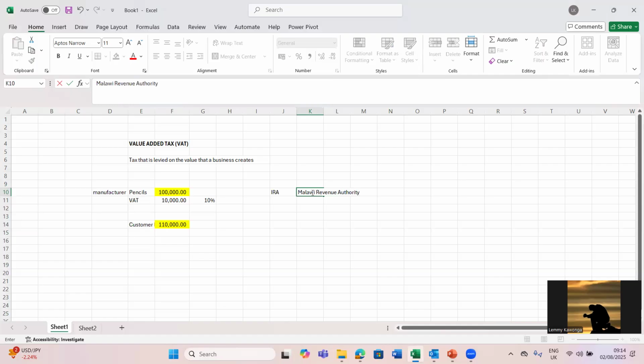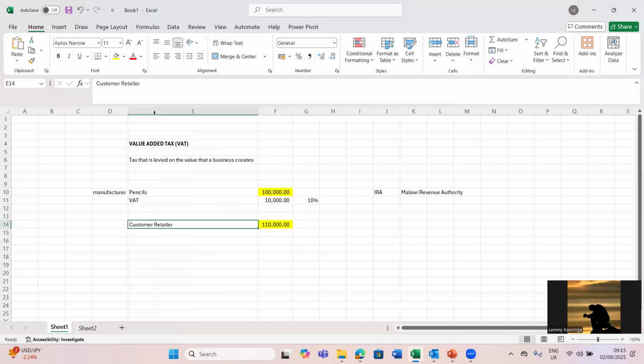So this 10,000 will not be treated as my sales. My sales will be the 100,000, and the customer will pay 110,000. So 10,000 will go to the Malawi Revenue Authority, and the 100,000 will go to the manufacturer.